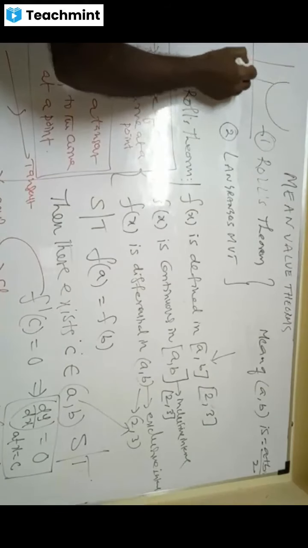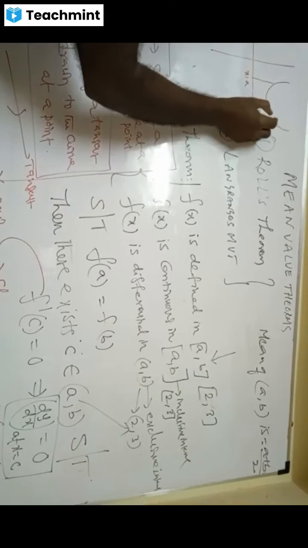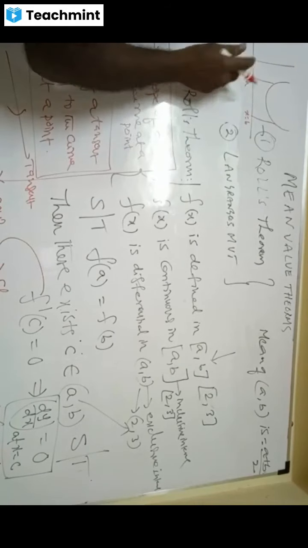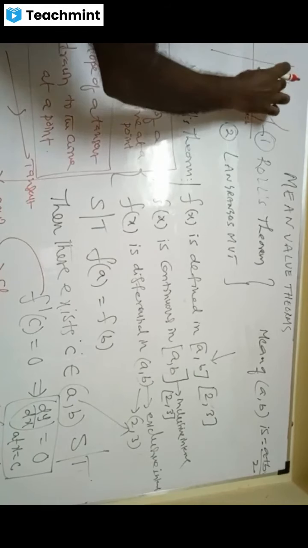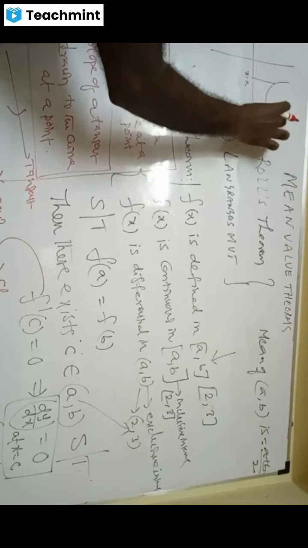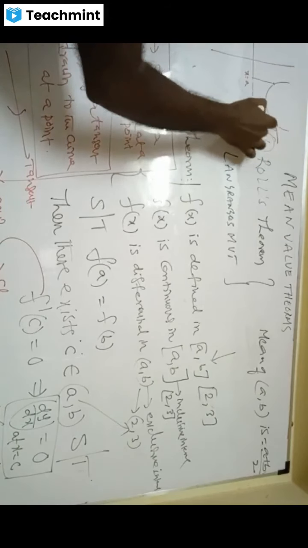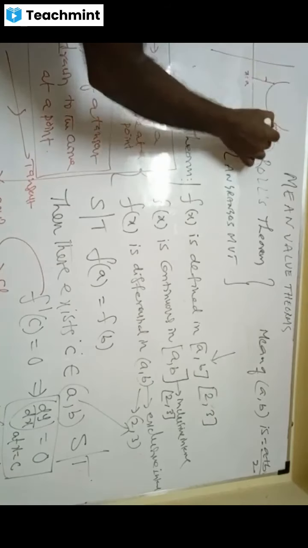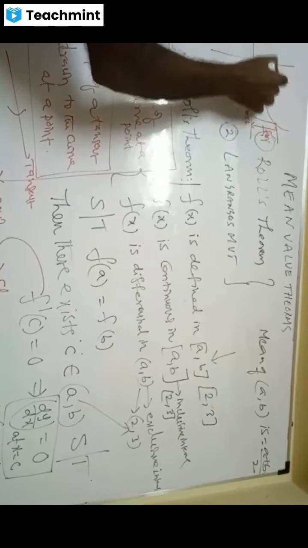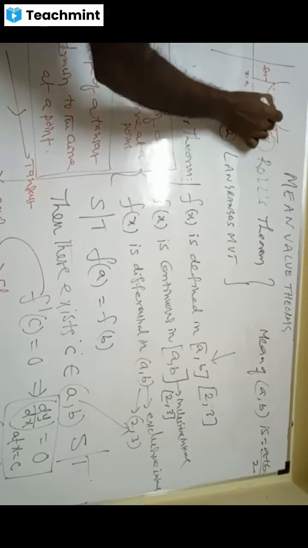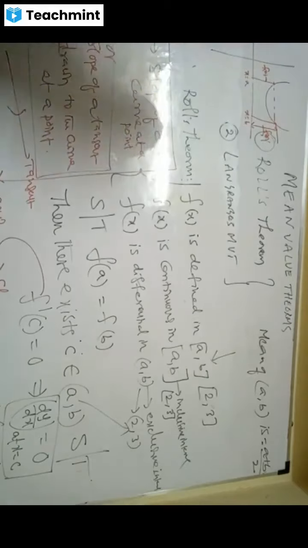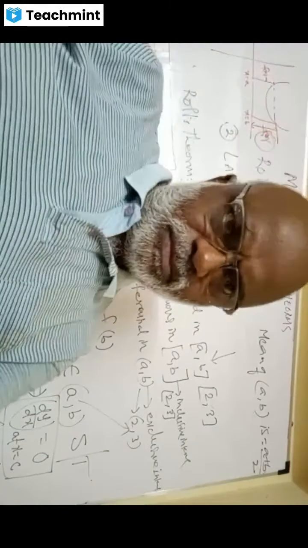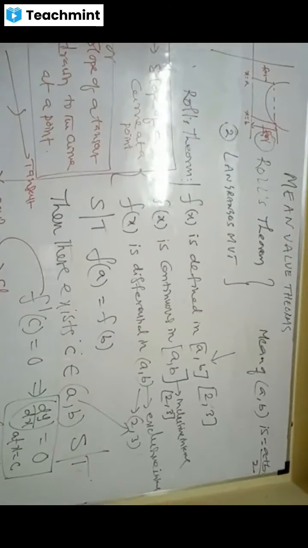This is called x equal to A. This is called x equal to B. At x equal to A, the height is f of A. This is called f of B. Both the heights are the same. F of A and f of B are equal. First, you have to verify that.